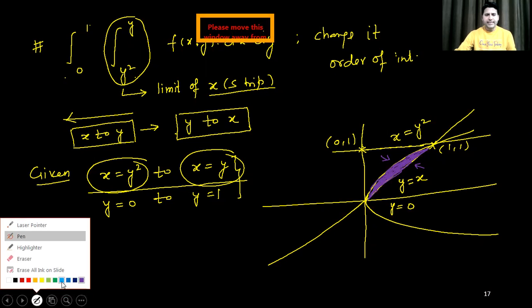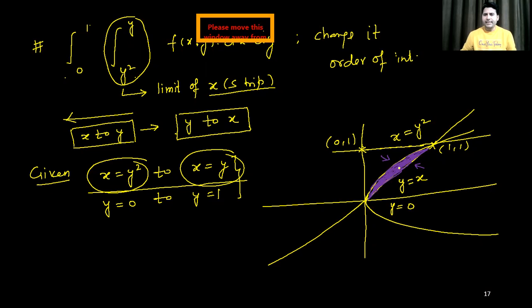Moreover, we have to reverse the strip. The question has taken a strip about the x-axis, so we should take it about the y-axis, like this. I hope you understood why I am taking only this part. Why not this?